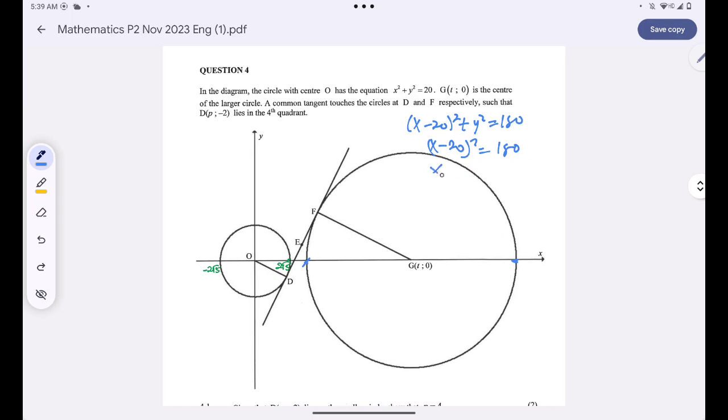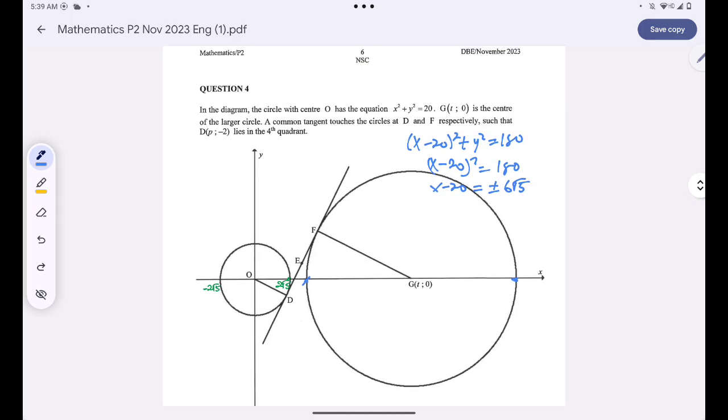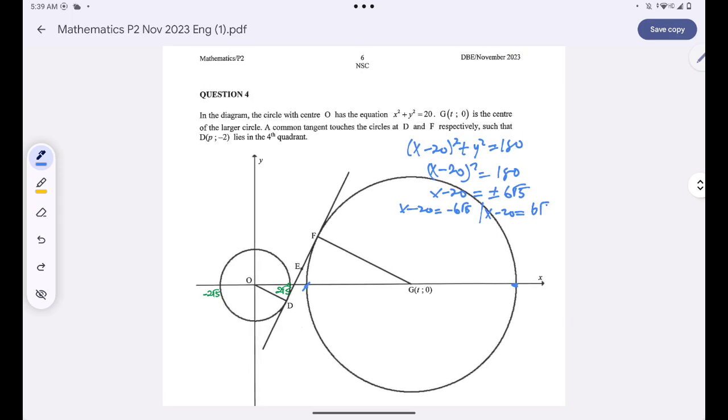So I'll have x minus 20 is equal to plus or minus 6 root 5. Remember that whenever I square root both sides, the right hand side should always say plus or minus. So I'll have x minus 20 is equal to negative 6 root 5, or x minus 20 is equal to positive 6 root 5. This will give me x is equal to 20 minus 6 root 5, or x is equal to 20 plus 6 root 5.